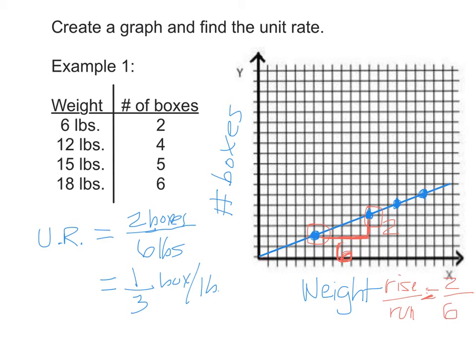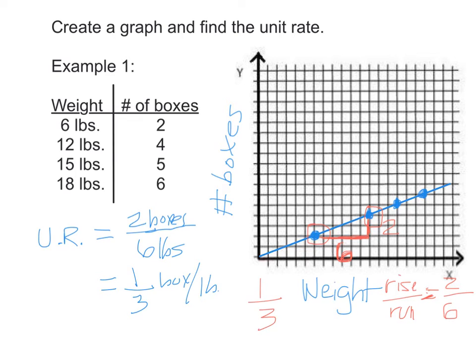And we can already see that this ratio, 2/6, was the same as our unit rate. Even as we reduce this, it's going to reduce to 1/3.